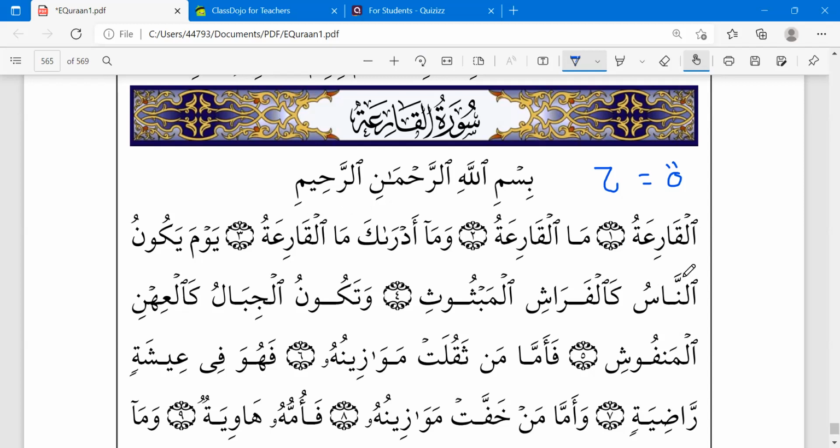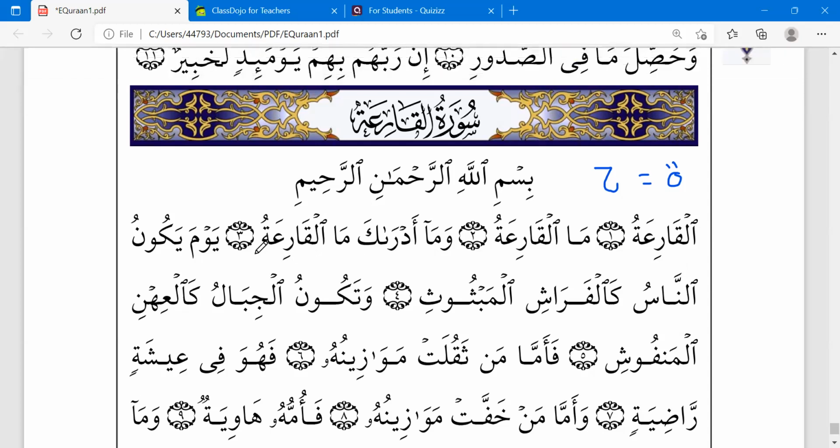Bismillahirrahmanirrahim. Al-Qari'atu mal-Qari'atu wa ma adraka mal-Qari'ah. Do we understand the differences now? If I am not stopping, I will pronounce the ta as it is. But because I want to stop, to pause and rest, then I would prefer to stop. So if I am stopping, I have to apply the rule. And what the rule says, round ta, we change it to Ha.